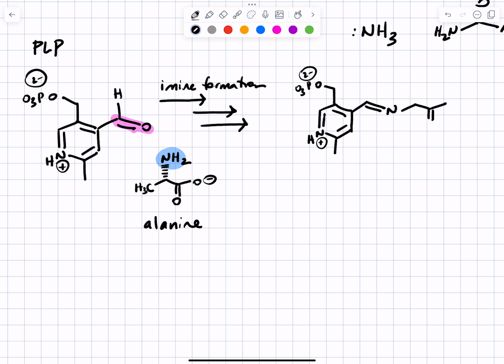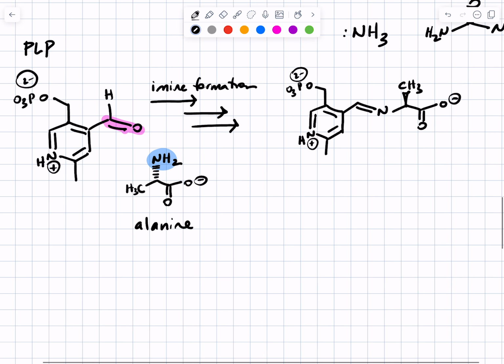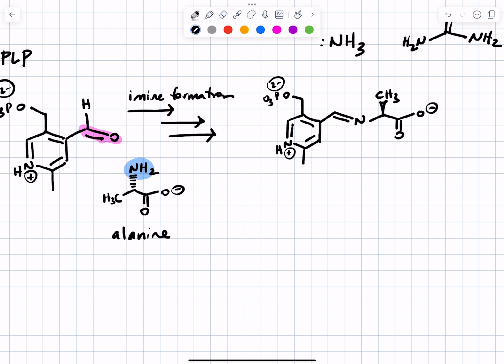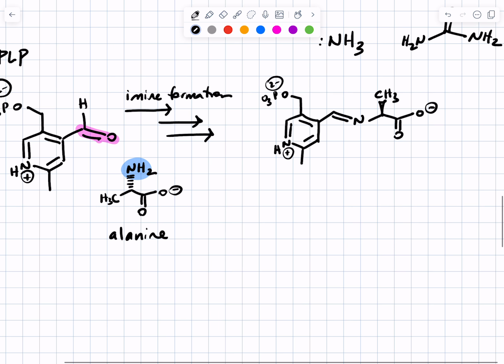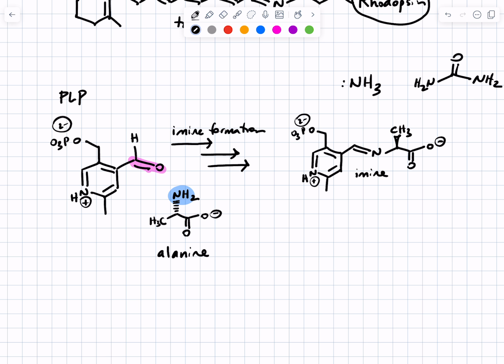And then here is the carboxylate, and then there's the CH3 group. I didn't change any stereochemistry there. I just moved some stuff around. You'll have to trust me that the stereocenters are correct. Okay, so there is your imine. Now, so far, so good, but what I told you is biology wanted a way to steal the amino group from alanine. The next step is what does this.